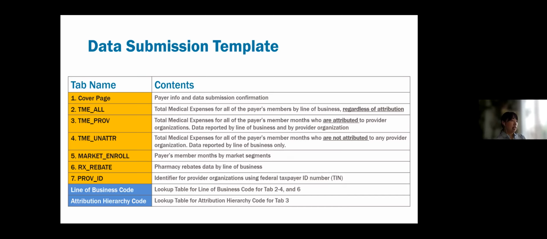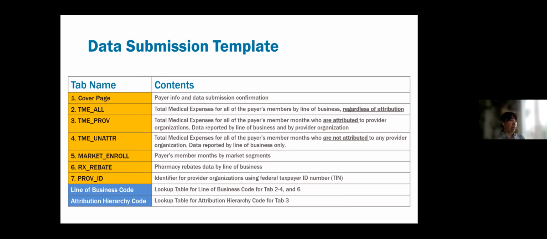Tab 5 is allocating your total member months by certain market enrollment categories. Tab 6 is for pharmacy rebates by line of business. And tab 7, lastly, was a tab we added to help with cataloging provider organizations.